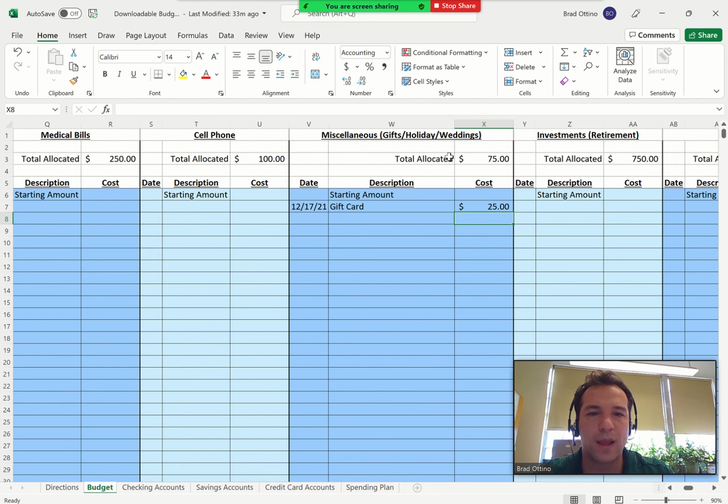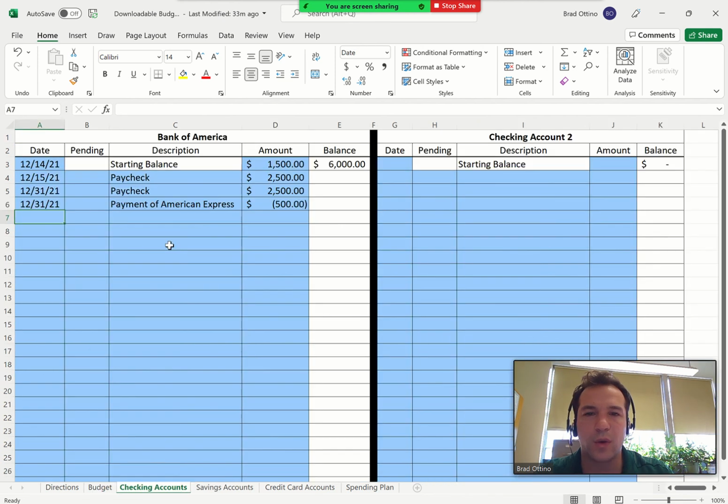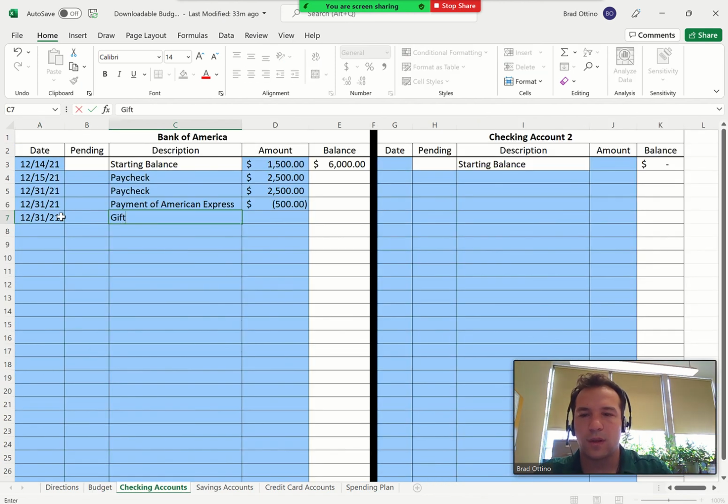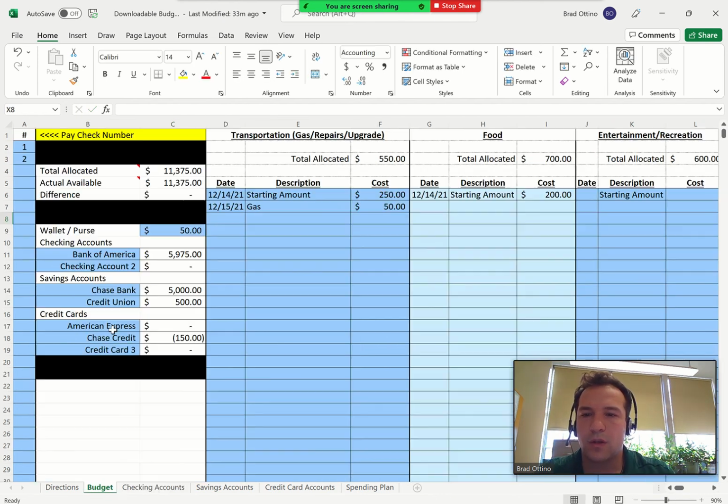My total amount in that category went down to $75. You could see I spent $25 in that category, so I need to account for that somewhere else. I'm going to take that away from my checking account. Gift to mom, we'll say, minus $25. You could see everything is balanced.